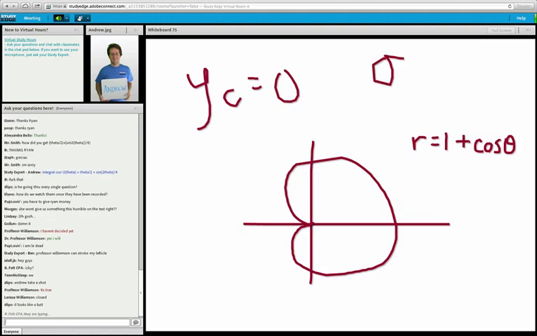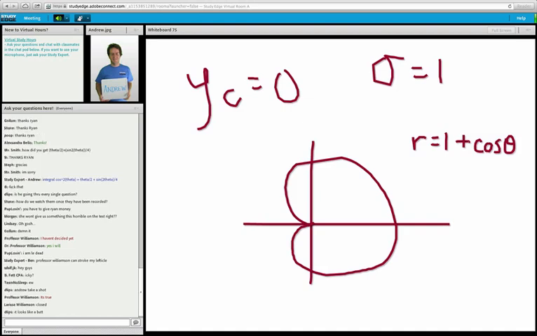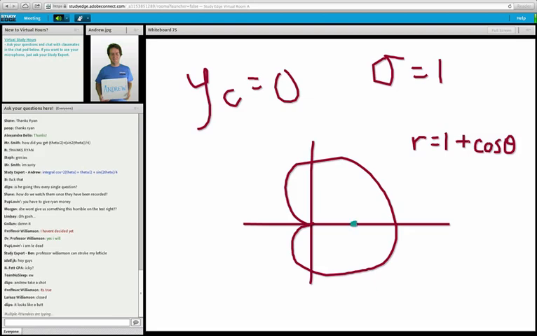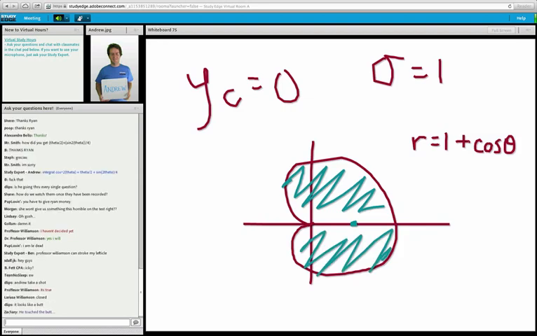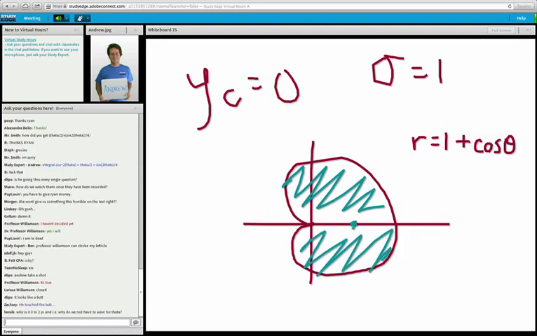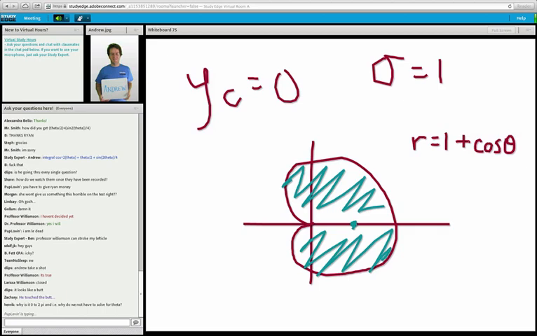Moreover, the density function we've been given, sigma equals 1, is also symmetric about the x-axis because it's a constant. So we should expect the y-coordinate of the center of mass to sit somewhere on the x-axis. There is just as much mass above the x-axis as below, so the y-coordinate should be 0.